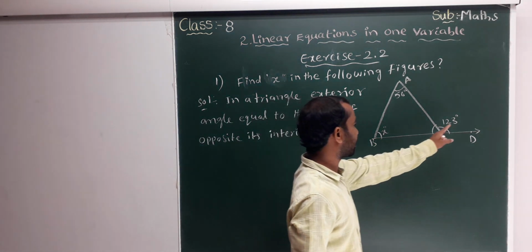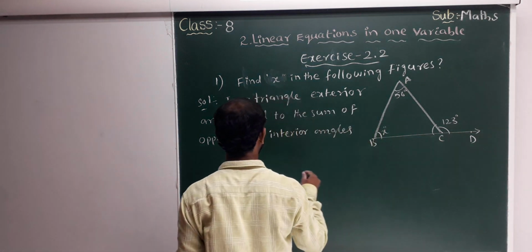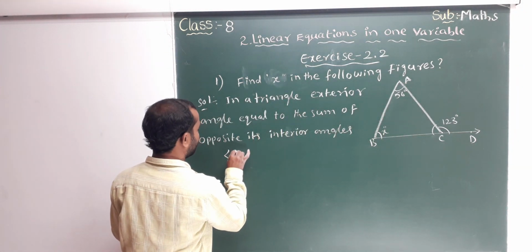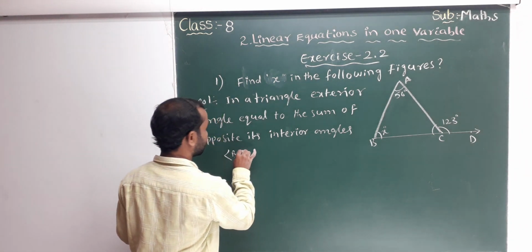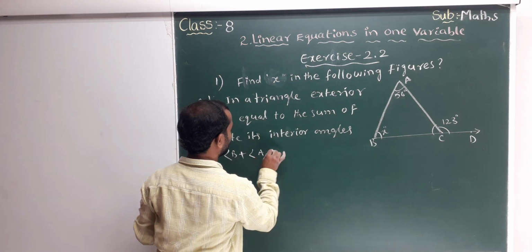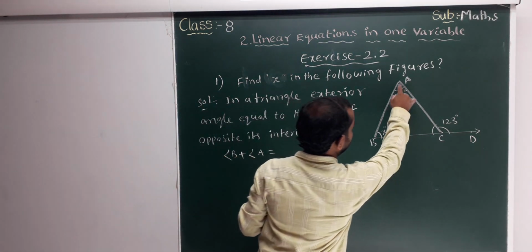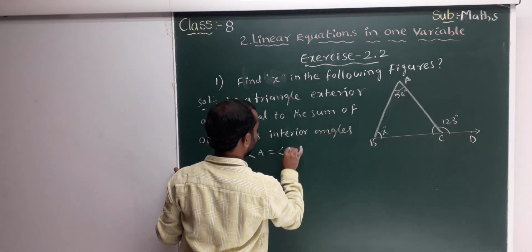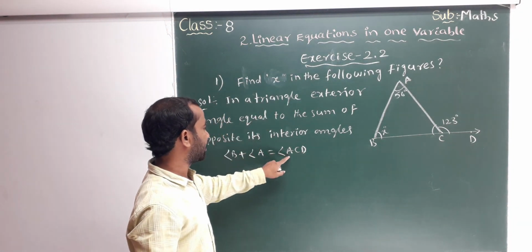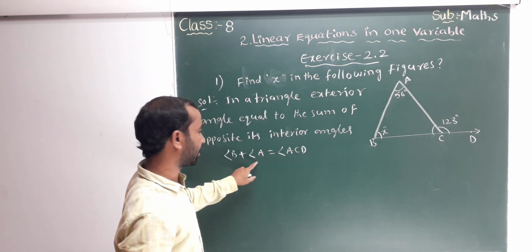Here the exterior angle is 123. So first of all, angle B plus angle A equal to angle ACD. Exterior angle equals the sum of two interior angles.